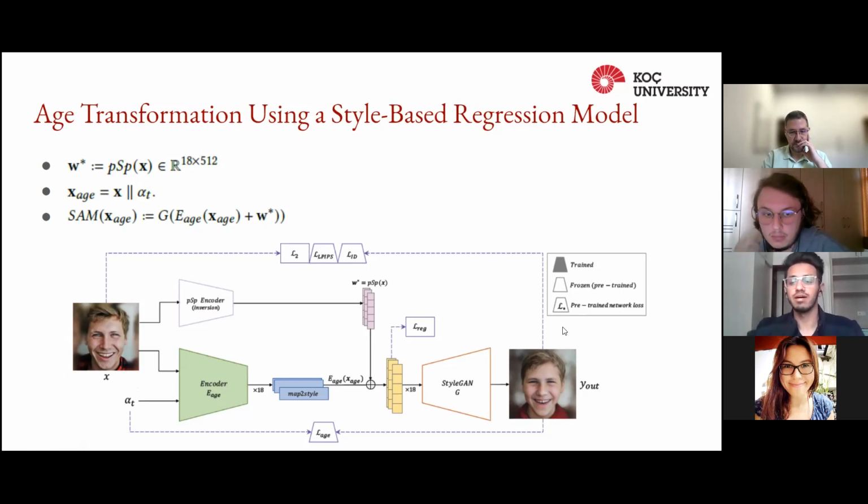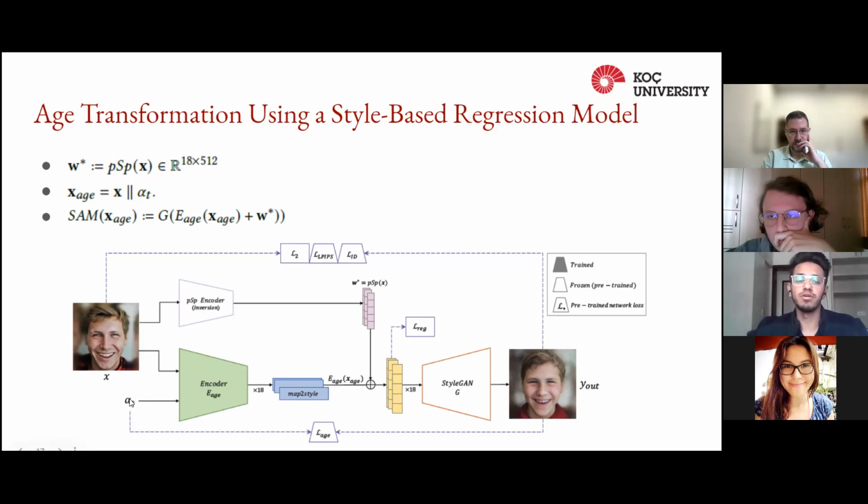which is trained using a separate age regression model. That age regression model is basically predicting the age of an image. So that is used as guidance to train this encoder, and in the end, it provides a guidance signal to this encoder, and we are able to learn a shared space for age and images.